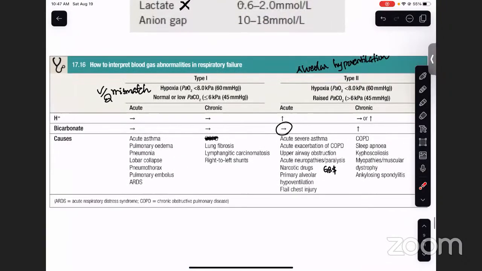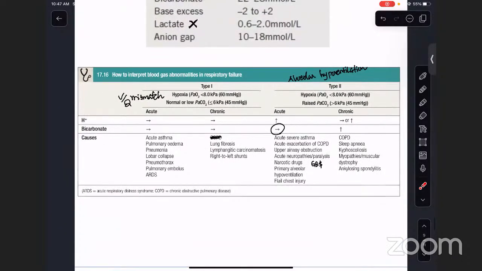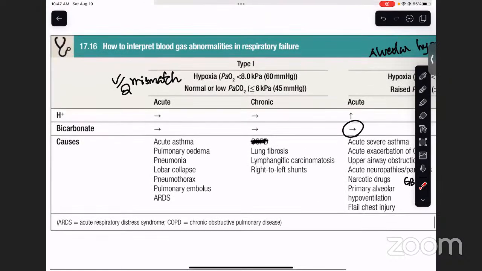You can see these are the conditions associated with respiratory failure, type 1 failure and type 2 failure. In general, you can note type 1 failure is associated with VQ mismatch. Type 2 failure is associated with alveolar hypoventilation. Some causes of type 1 failure are asthma and pulmonary edema, where there will be VQ mismatch that reduces ventilation.